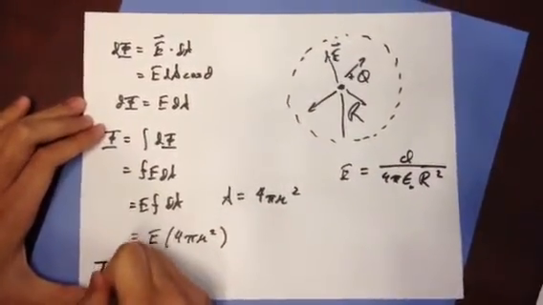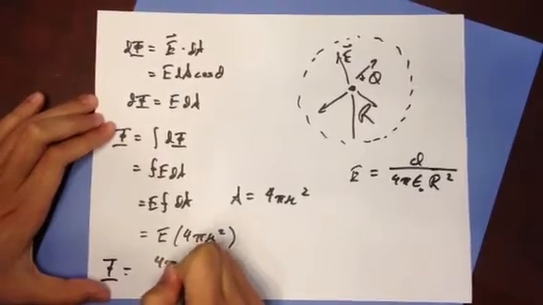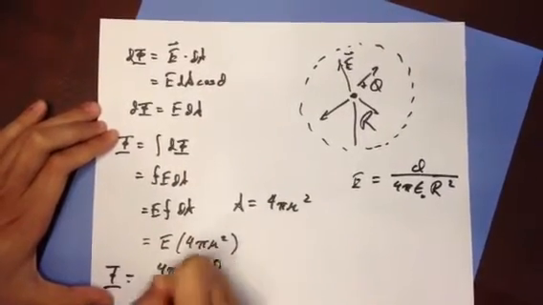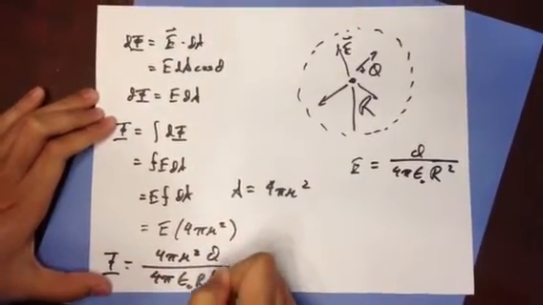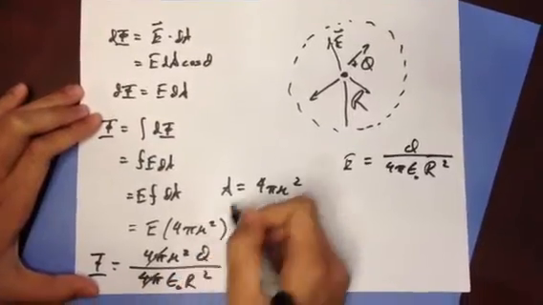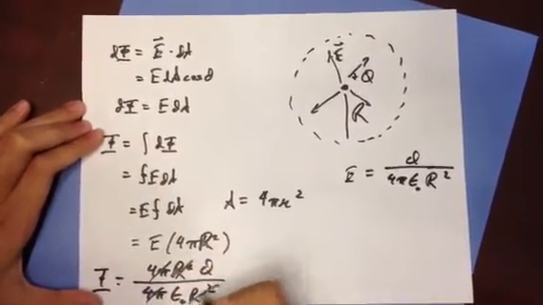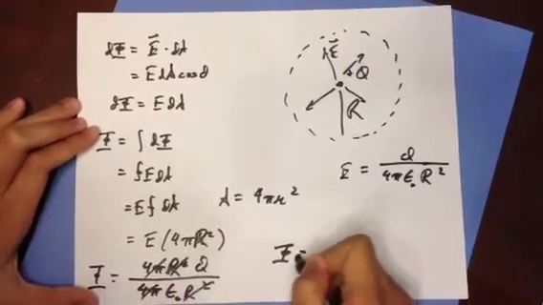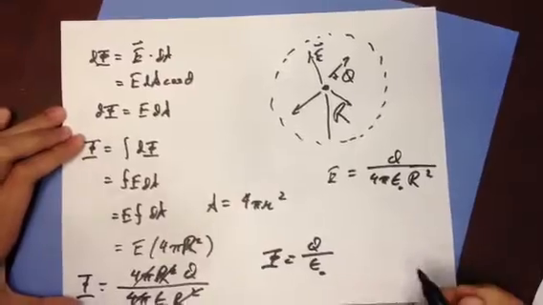We plug all of that back in over here, and a lot of things are going to cancel out. The 4 pi's cancel out. Oh, this is supposed to be big R. The squares cancel out, and we get phi is equal to Q over epsilon naught.